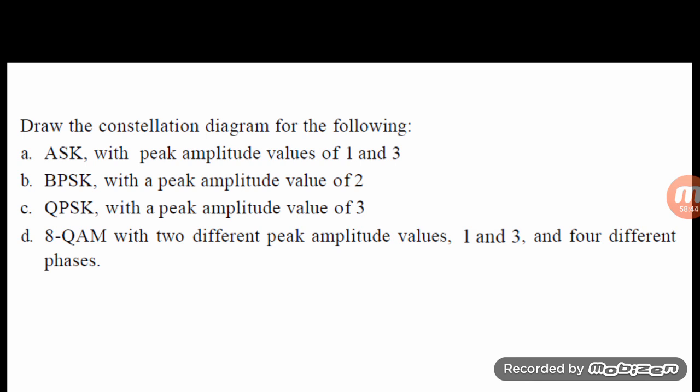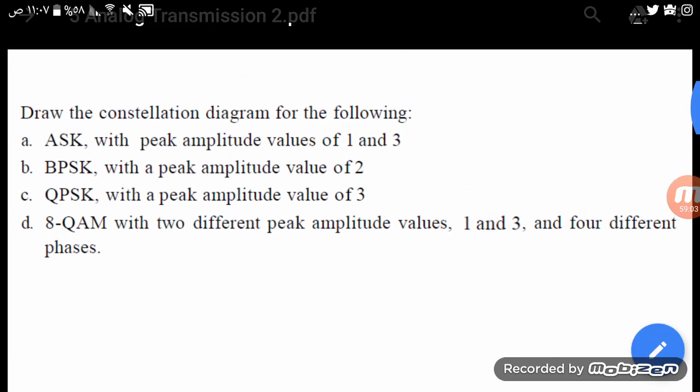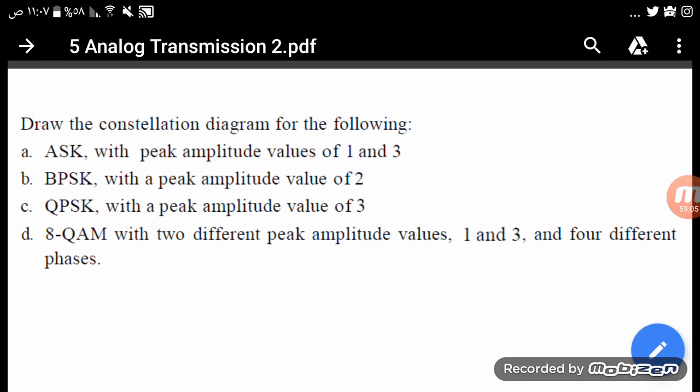So 1 is going to be somewhere here, and the other is 3. So this distance is 1, and this distance is 3. For this one I can use bit 1, and this one I can use bit 0.